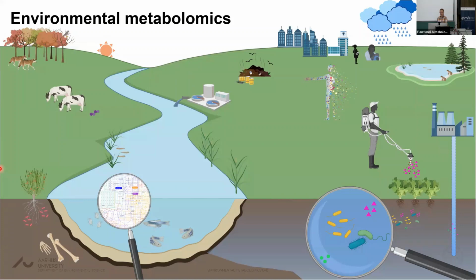So as I said, we are using metabolomics in an environmental context, and this could be, for instance, that we would like to have some vegetables, but sometimes people are using biocides to produce these plants that we can eat, and maybe the plants would hold back some of these pesticide residues, or maybe it's metabolites of pesticides.